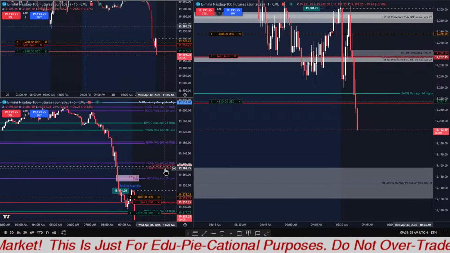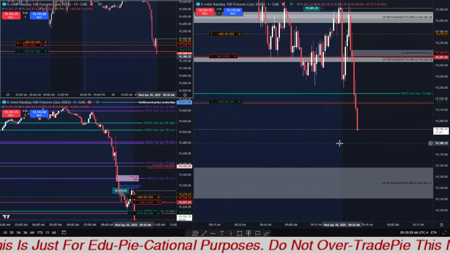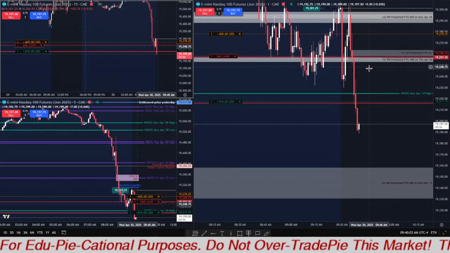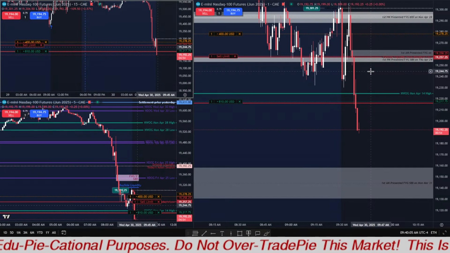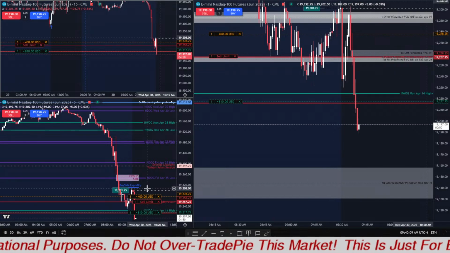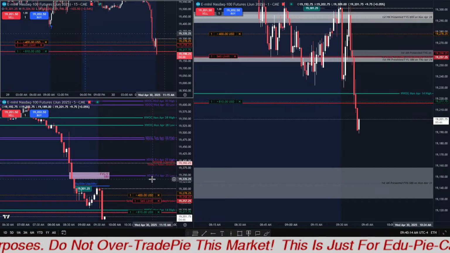So far the market didn't show any kind of retracement to fill the first presented fair value gap to get our position filled. But anyway, we have to stay tuned and wait.